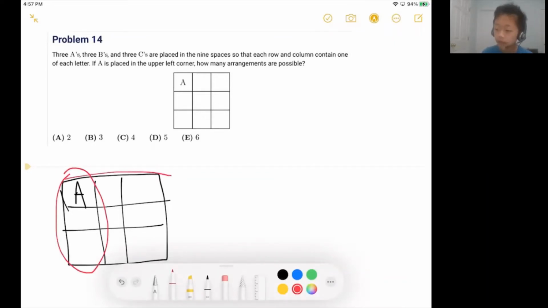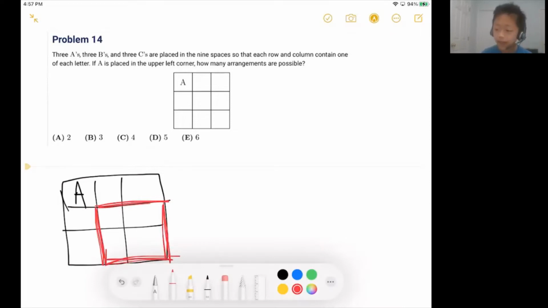And if we look at this red row, we also have an A in that row. So that means we cannot put an A here or here or here or here. You're not allowed to put A's in any of those because you already have an A in the top left corner. So we can ignore those. And we need to put 2 A's. So that tells us the 2 A's must go in this red square.